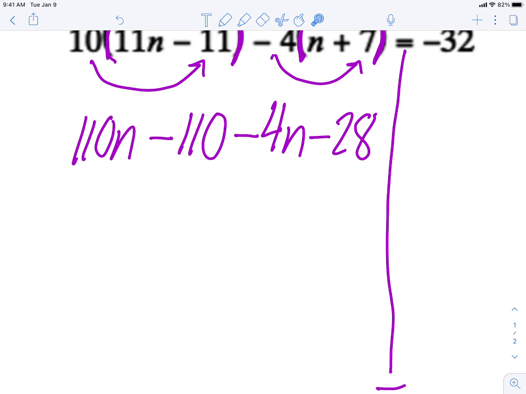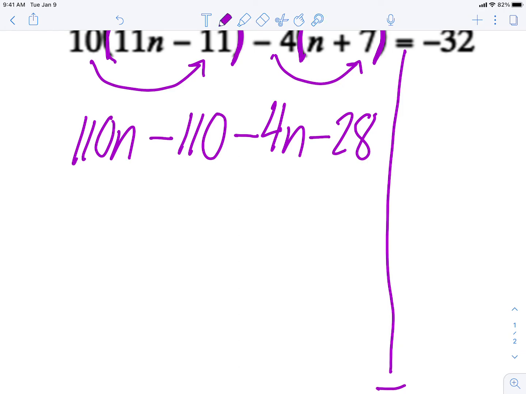So this 11n can go with this minus 4n, right? And they're like terms because they both have n's. And this negative 110 can go with negative 28. And those are both like terms because they don't have variables, right? They just have regular numbers. So let's do that.